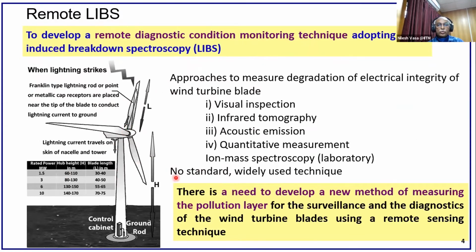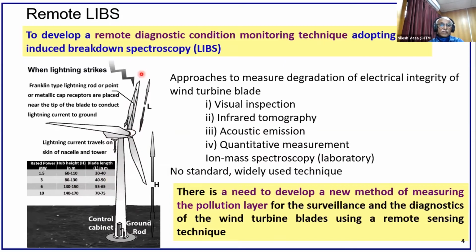So here I am just trying to show you that it's wind turbine blades. You know that the height of the tower of the wind turbine system would be of the order of 100 to 150 meters, and on the top there will be wind turbine blades which are again of the order of 40 to 60 meters or so.